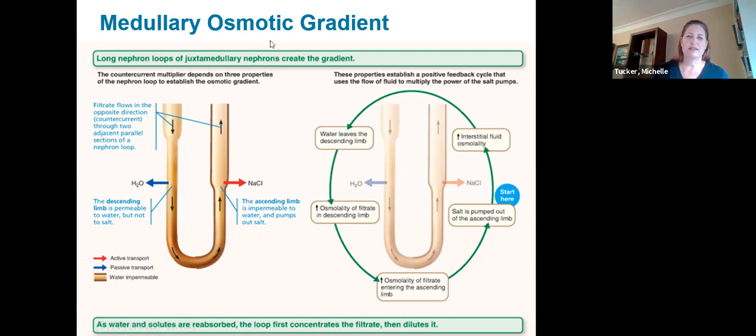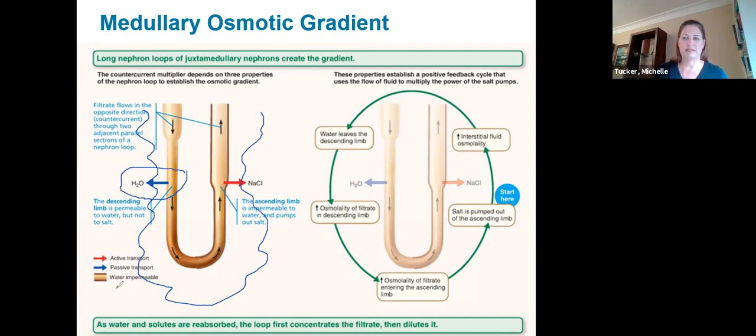So on the descending limb, we move water from the filtrate into the interstitial space, and then the vasa recta capillaries are going to take that water and reabsorb it into the systemic system. On the ascending limb, we get salt being removed.